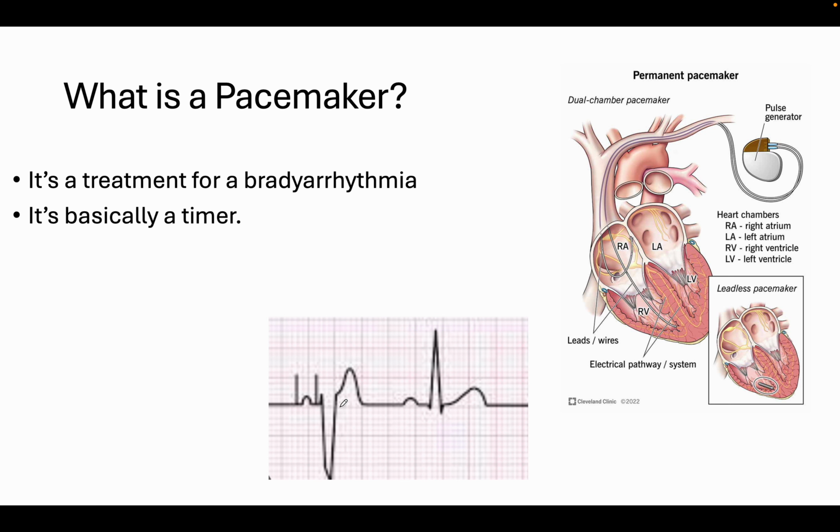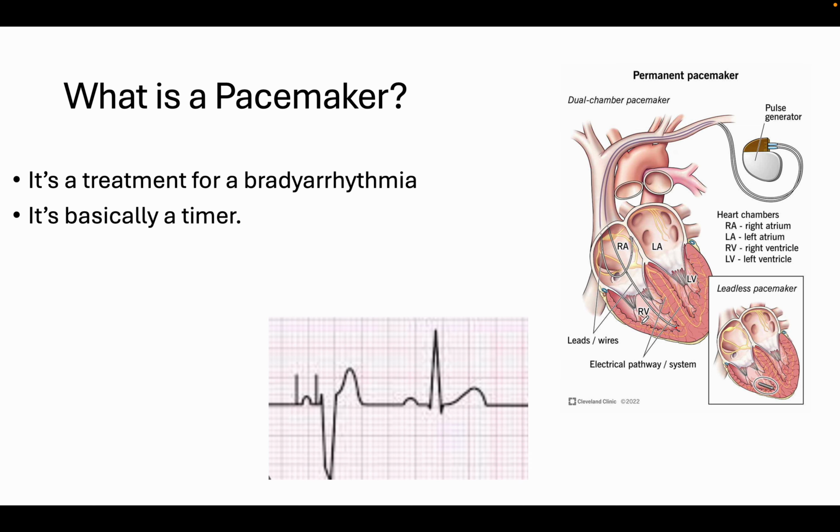So you might have noticed that a ventricular paced beat looks fairly broad, and it is broad. It is a bundle branch block, and the specific type of bundle branch block a paced beat looks like is a left bundle branch block. So why do we see a left bundle branch block pattern in a ventricular paced beat? Well, the ventricular lead is implanted in the right ventricle, meaning the signal doesn't go down the normal His bundle system.